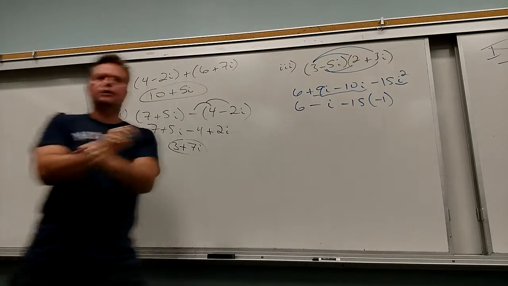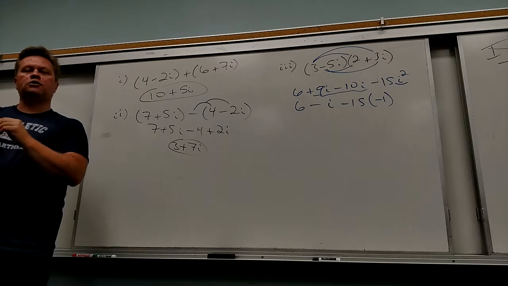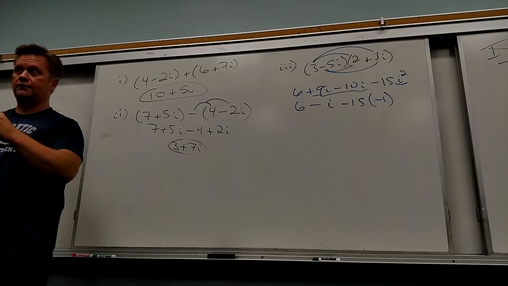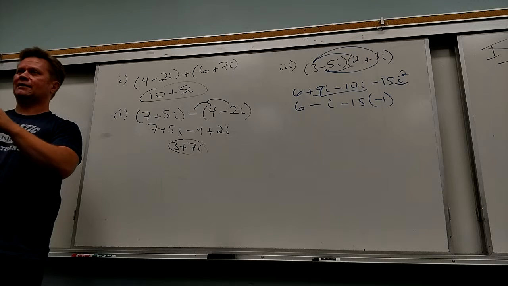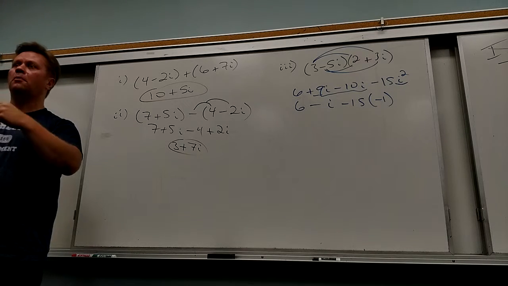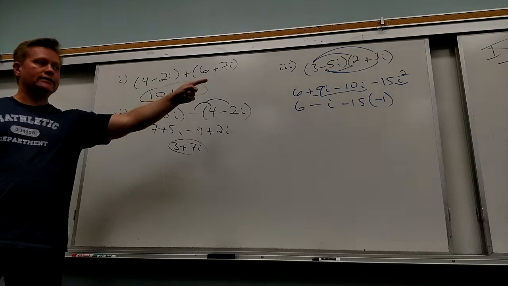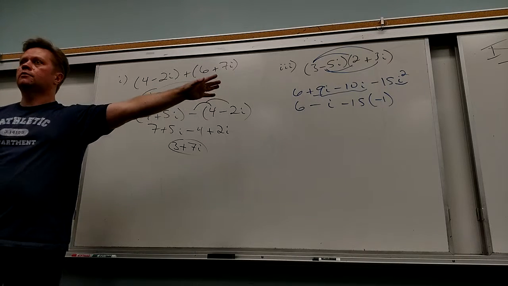Let me stop there for a second. It's sort of like if I have rad 7 times rad 7. What's rad 7 times rad 7? 7, right? So what's x times x? x squared. I can't do anything with that. But if it's a radical of a number, I can do more with it. So i is a radical of a number. i squared is going to be that inside number, and that's negative 1.